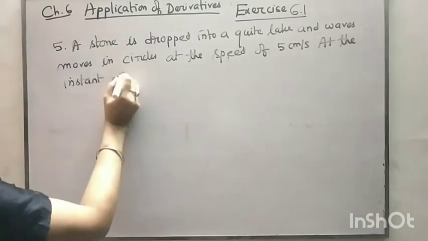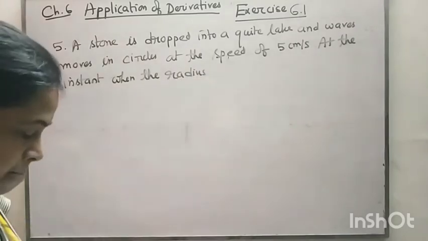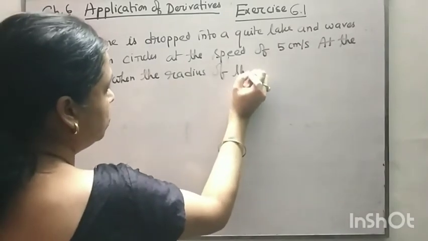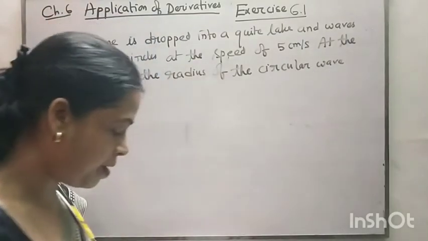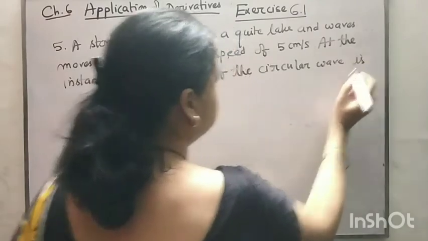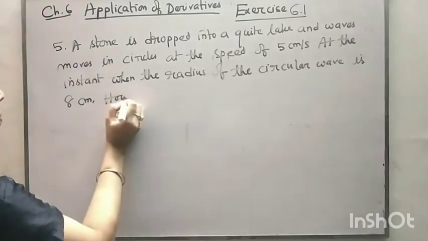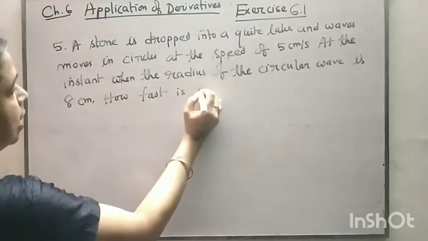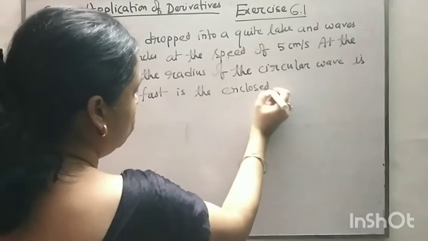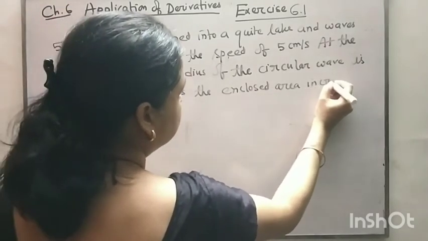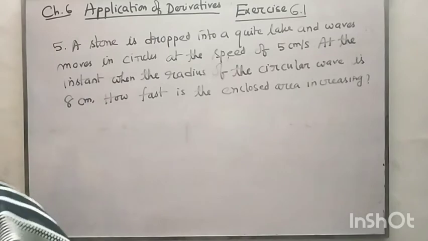At the instant when the radius of the circular wave is 8 centimeter, how fast is the enclosed area increasing? So first, try to clear the question.